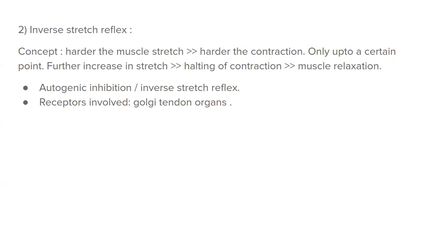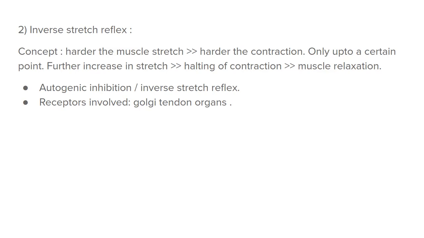So at a point of extreme stretch, these Golgi tendon bodies get activated. It goes to the spinal cord, sends out an inhibitory signal. The afferents that go here, not 1A, not 2, it is 1B. These 1B afferents go to the spinal cord and send out an inhibitory postsynaptic potential. So that causes relaxation of the muscle from which these afferents go.